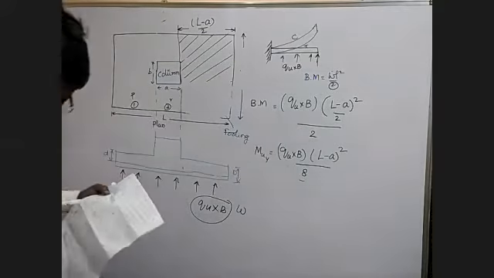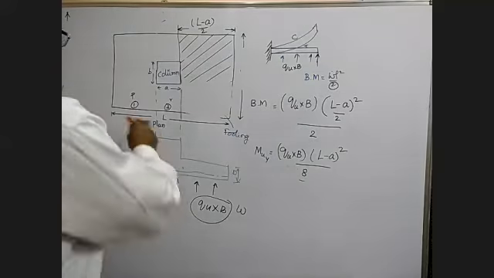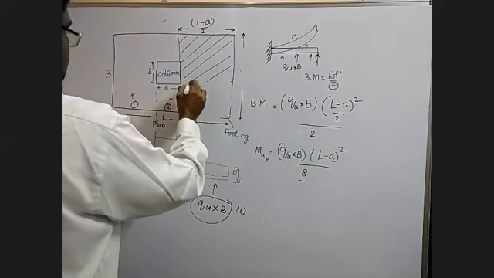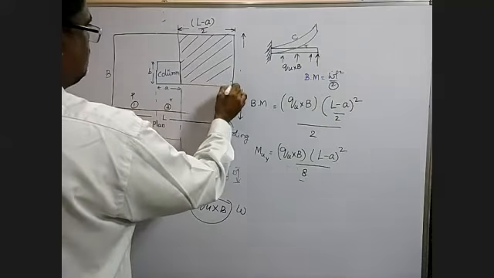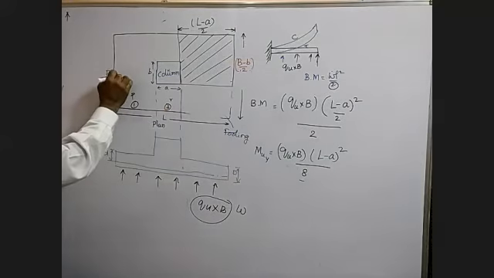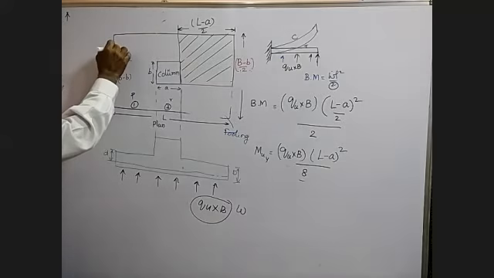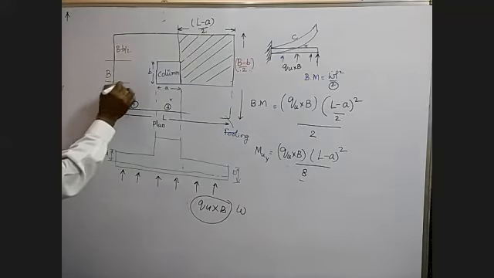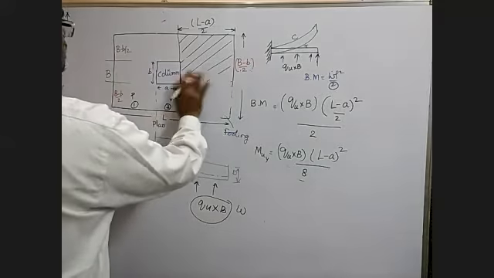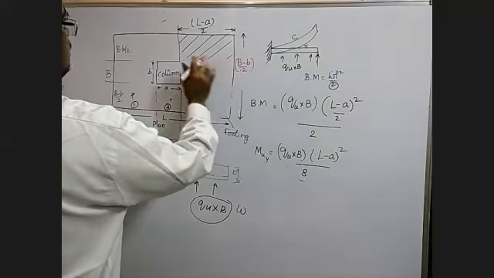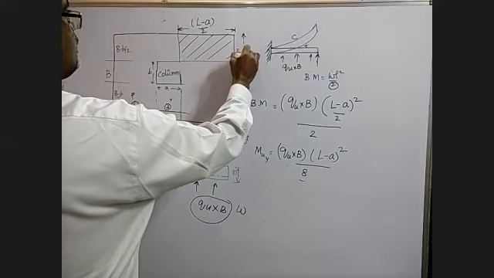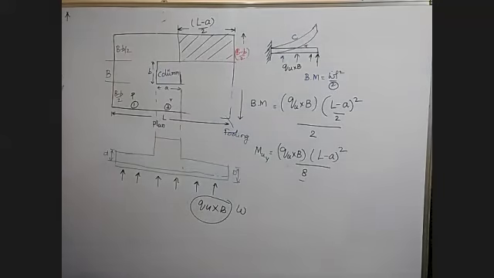Here we said L minus A, and here it is B minus b, so it becomes (B minus b) by 2. So this is in the y direction.